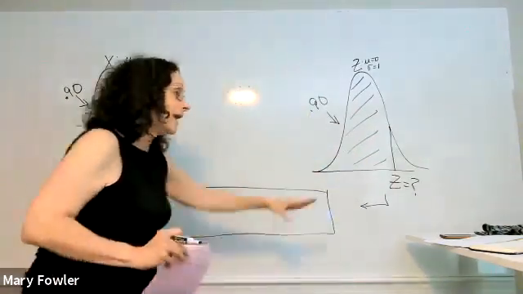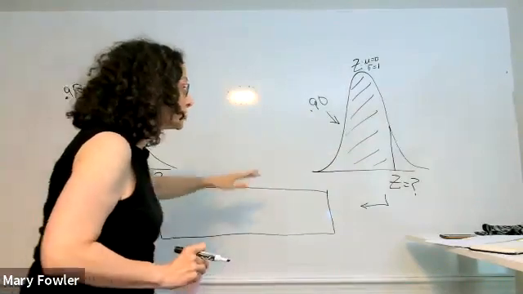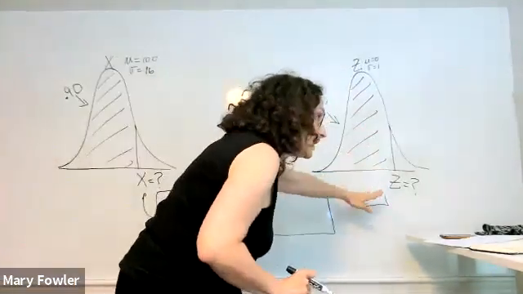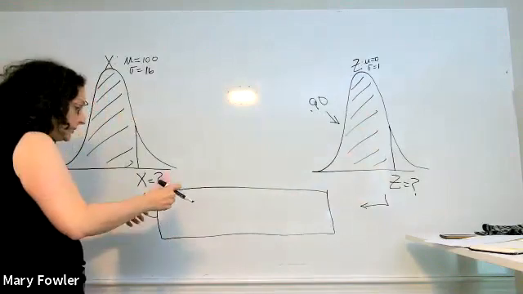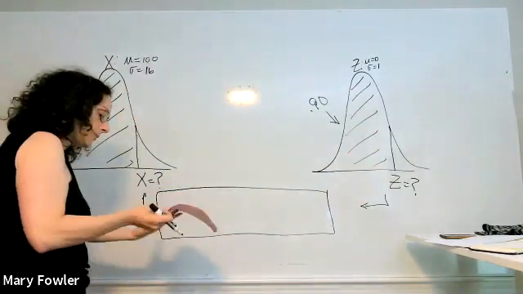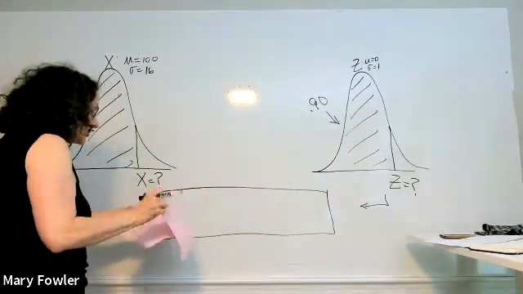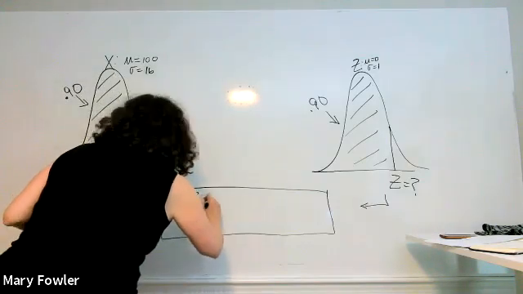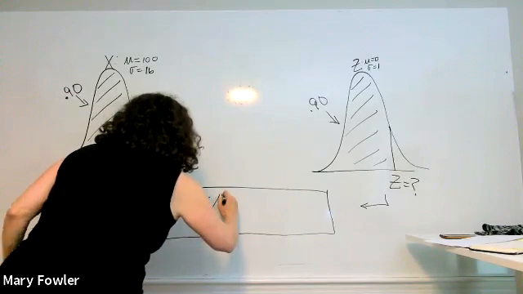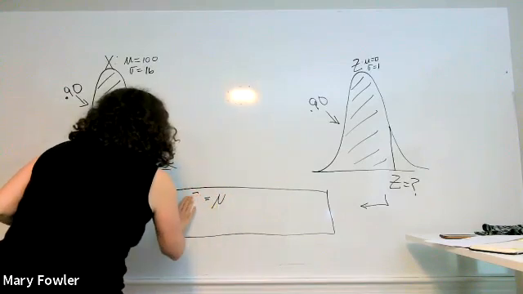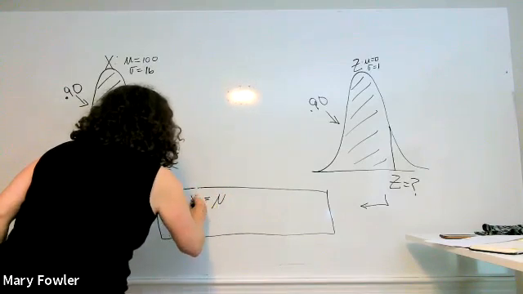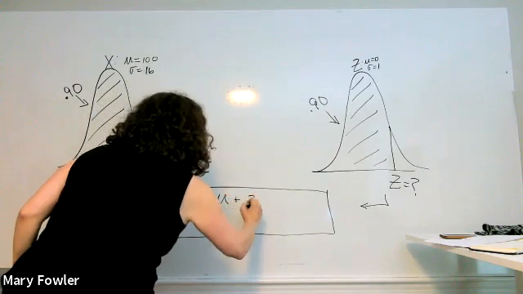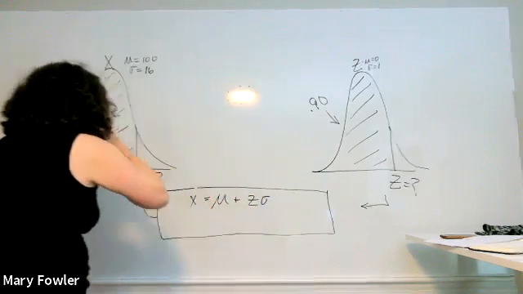Now the bus goes in the other direction: I have a z, and I want to bring it back up to the x world. On your formula card, the second chapter 6 formula is x equals mu plus z sigma.